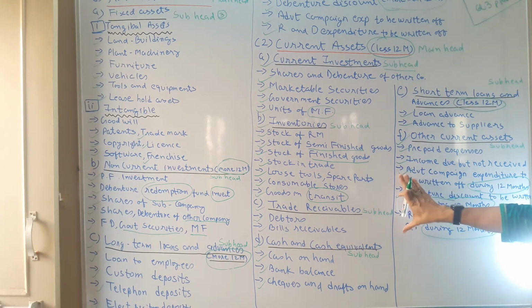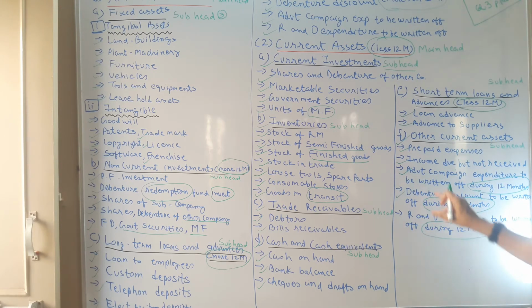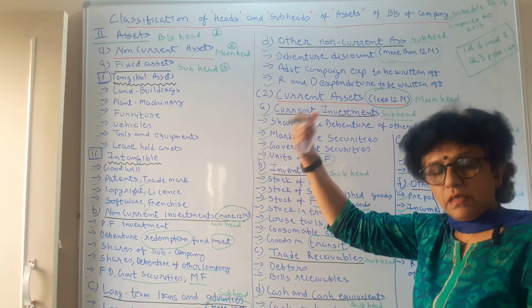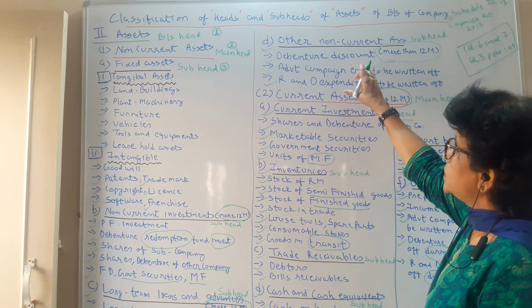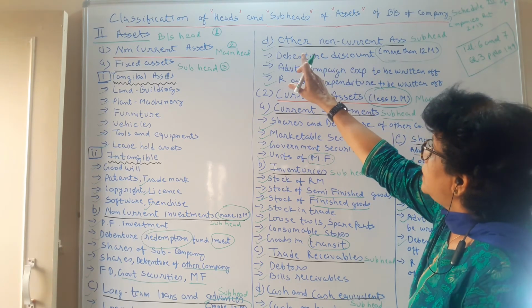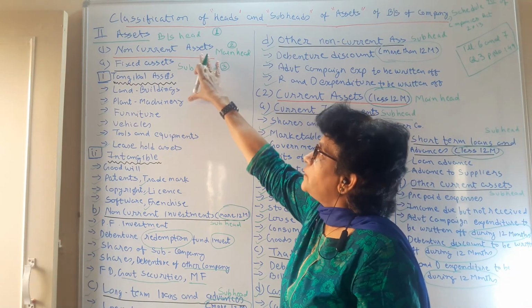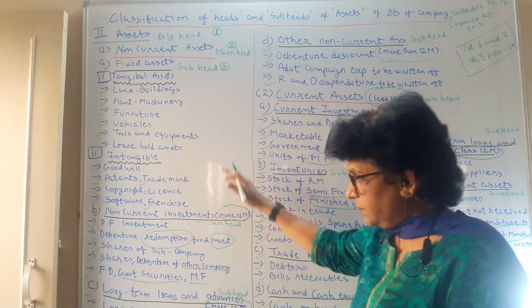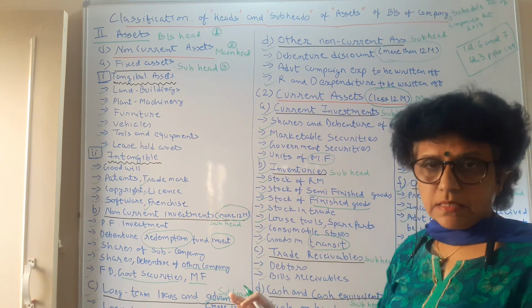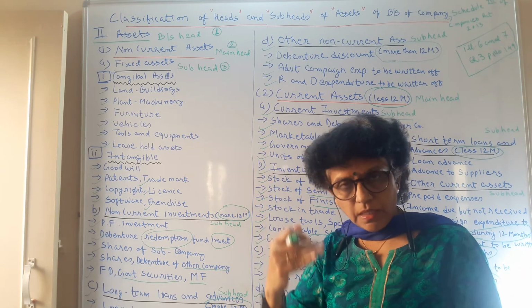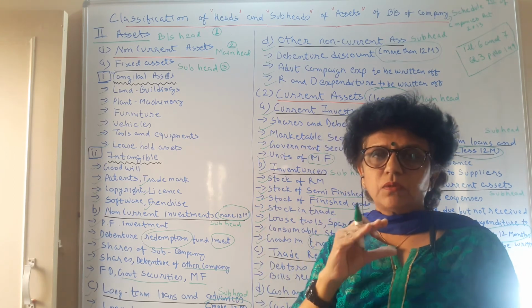So when these types of deferred revenue expenses are to be written off during the year, they will come under the category of other current asset, and those to be written off in future over a longer period of time will come under the category of other non-current asset, one of the parts of your non-current asset. In this manner you have to memorize and remember which particular account will come in the balance sheet at which particular place.